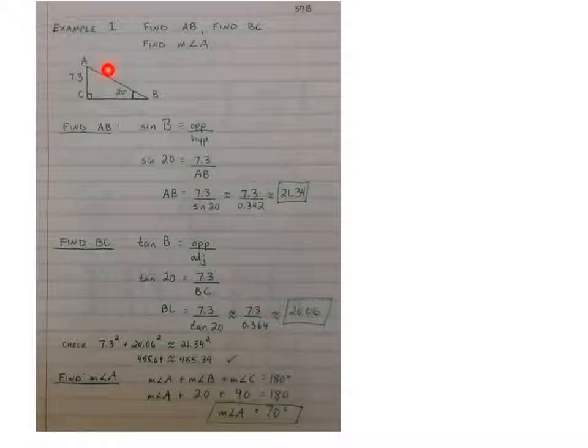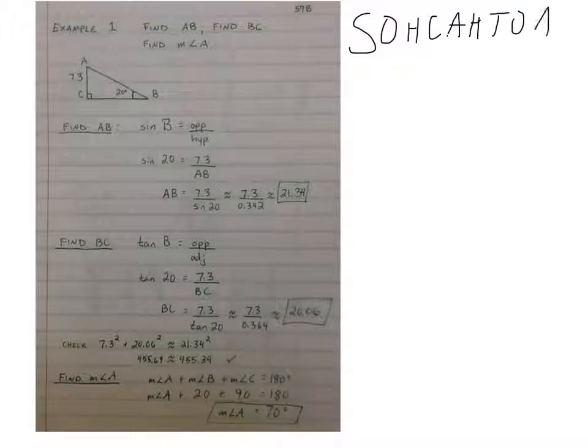And if we recall our SOHCAHTOA, we know that sine is the one that includes opposite over hypotenuse. So sine of angle B is opposite over hypotenuse. So the opposite of B is 7.3, and the hypotenuse is the length we are looking for.